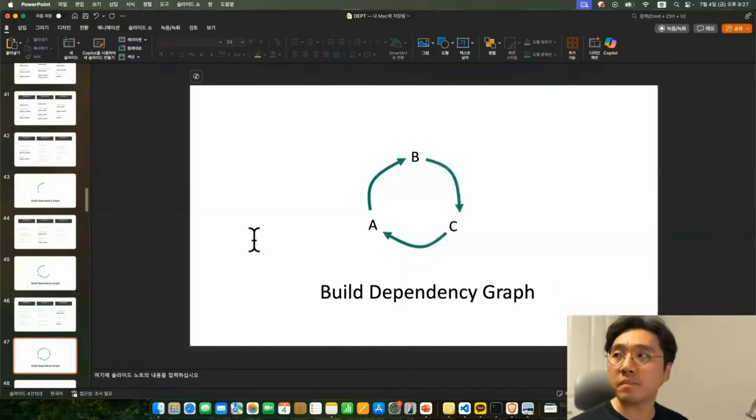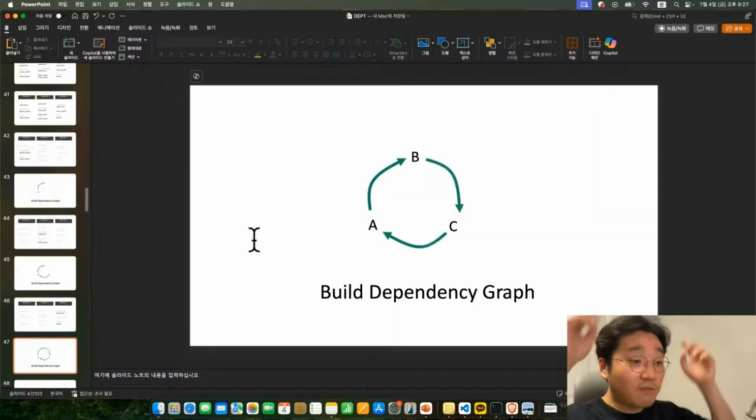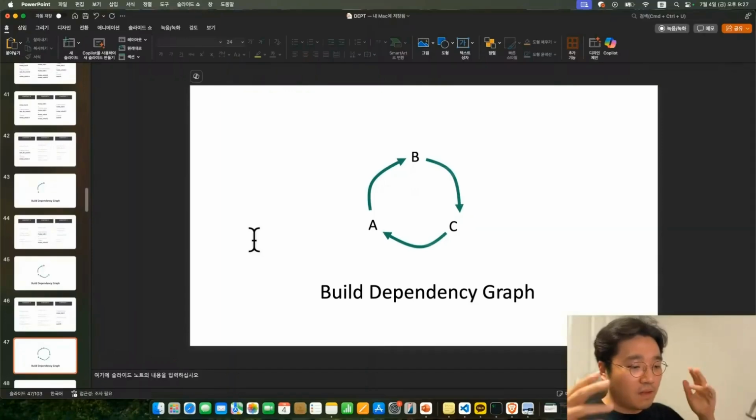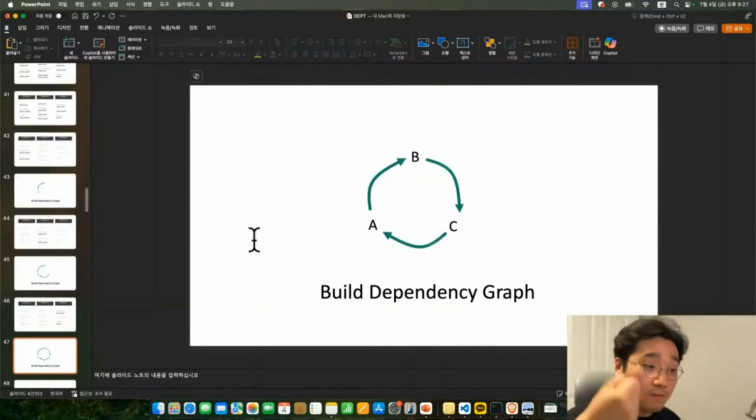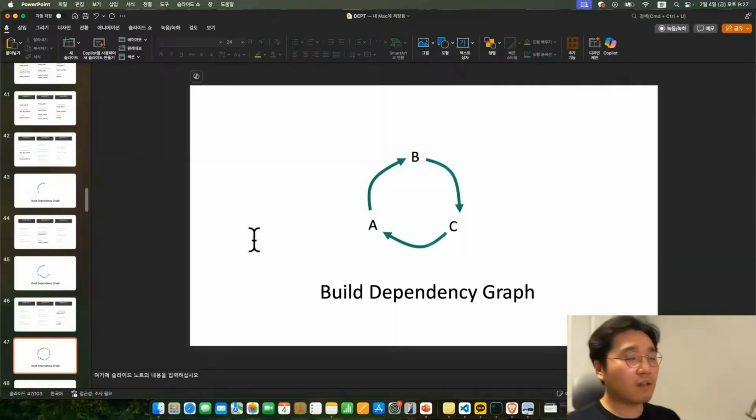So I imagine the situation where some men are keeping the fork and they want to eat, but there's some deadlock situation, right?